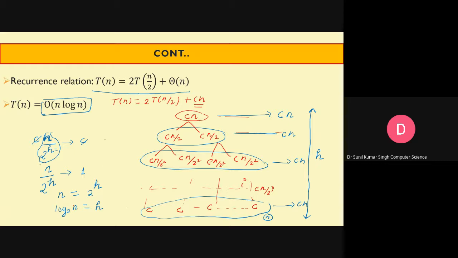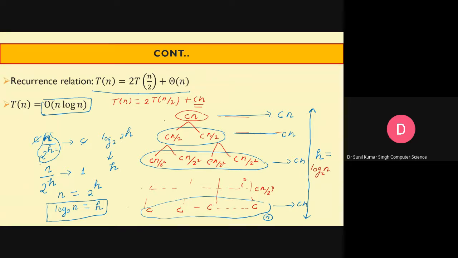I think it is clear, because if you write it like this, then it will be h. Now look at here, height of the tree will be equal to log n, of course base 2. Height of the tree will be equal to log n.